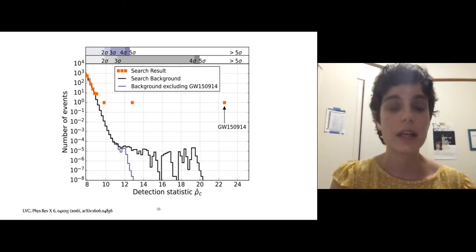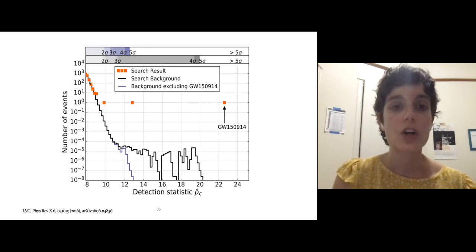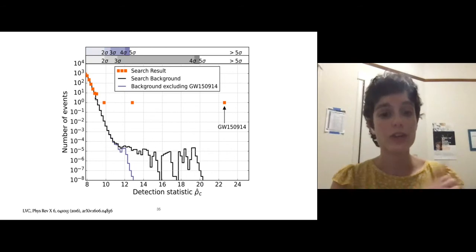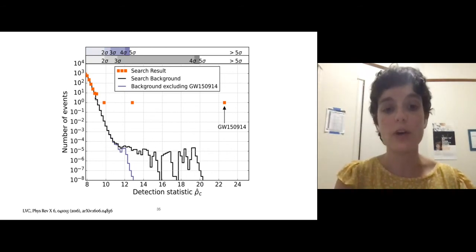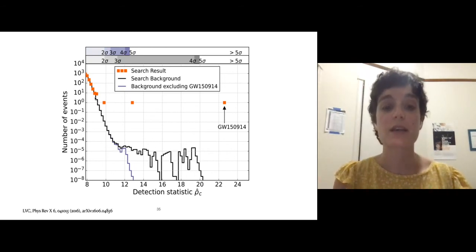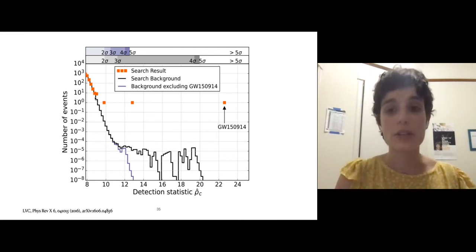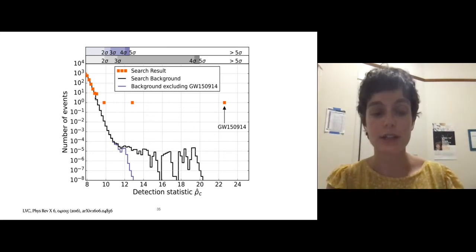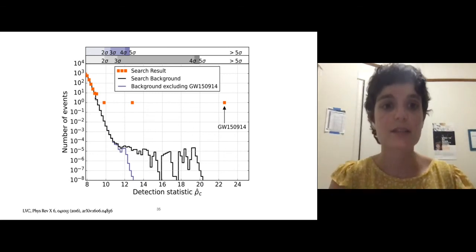You then run your search in that noise background, and you can do many different time shifts to build up enough statistics and essentially create a Hubble time of noise background distribution empirically using the time slides.